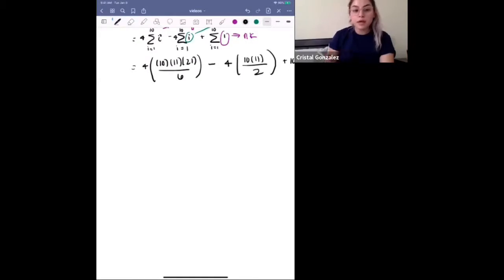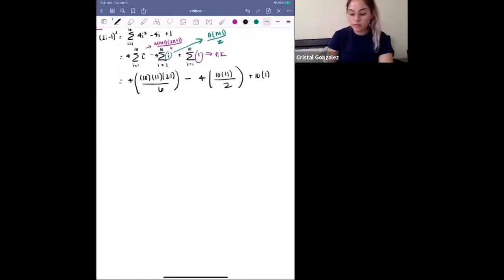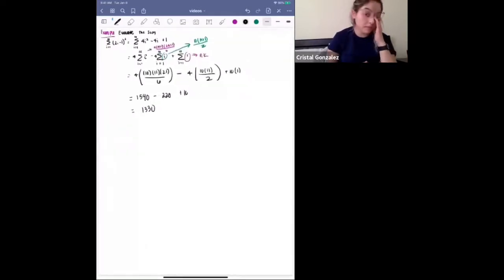And now we just evaluate and simplify. I did this ahead of time so I wouldn't waste time, but then we'll get 1540 minus 220 plus 10. We simplify that, and we'll get 1330. So not too bad.